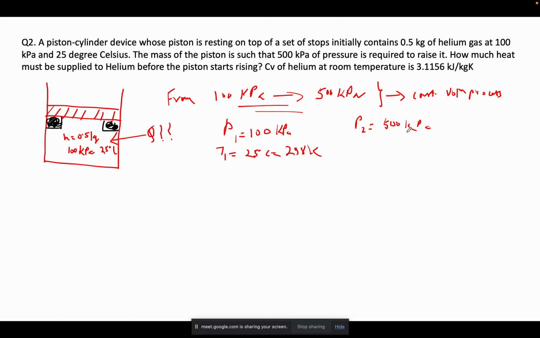Now since it is helium, we can apply the ideal gas process. So in ideal gas, P1 V1 by T1 is equal to P2 V2 by T2. Now going from P1 to P2, the volume will remain the same. So from here I can calculate T2 is nothing but P2 by P1 times T1. So 5 into 298 Kelvin.